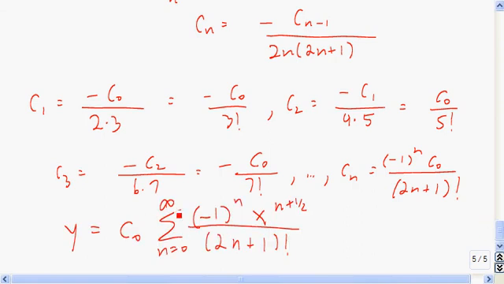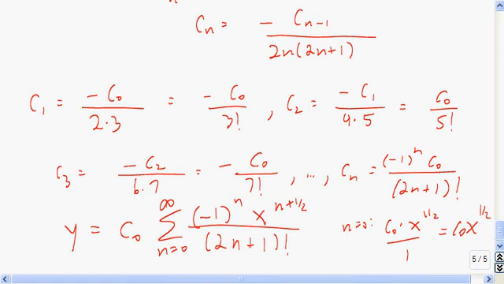Okay, so once again, even though these were for n greater than or equal to 1, we can include n equals 0 here, because when n equals 0, we get c0 on the outside times negative 1 to the 0, x to the 1 half over 0 plus 1 factorial, so over 1. And that is indeed what the first coefficient of our series should be.